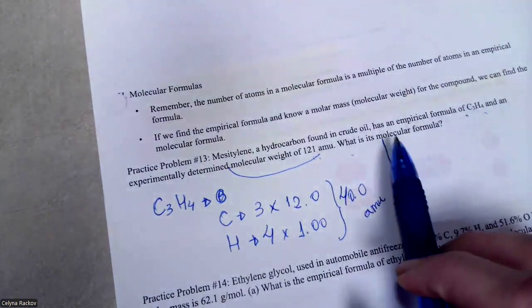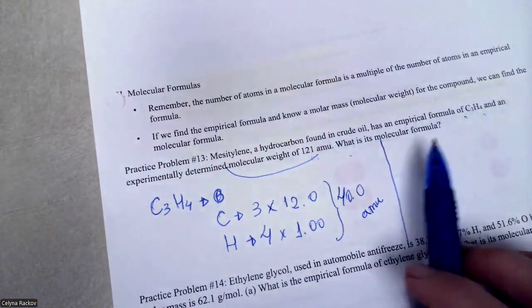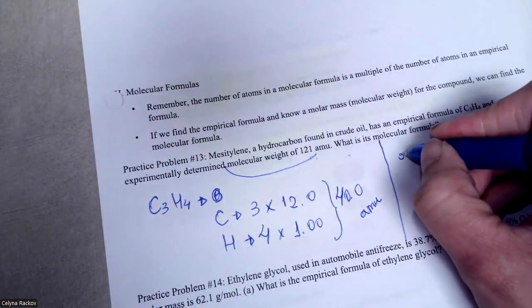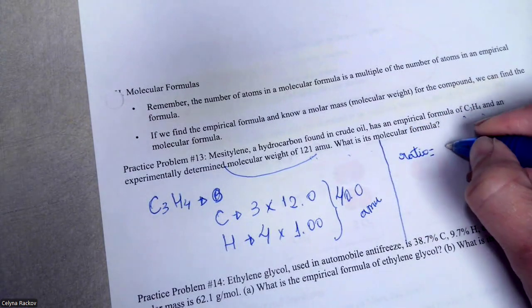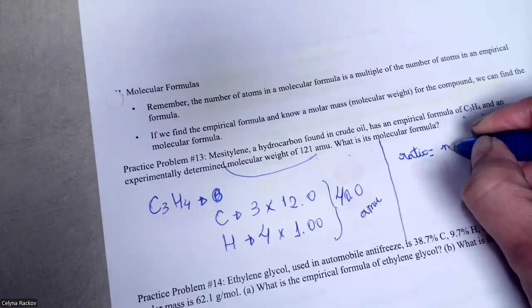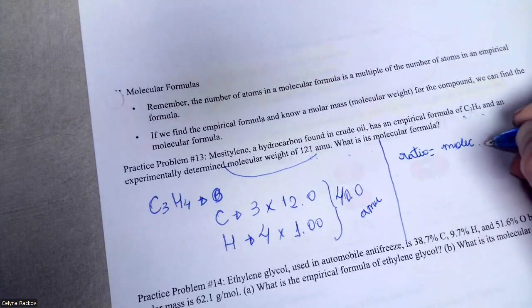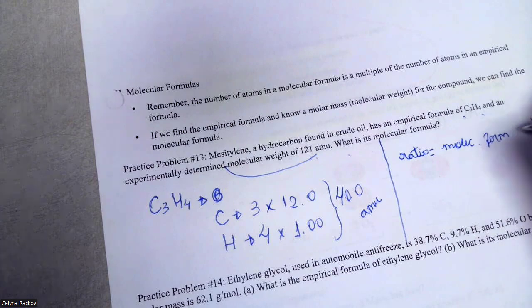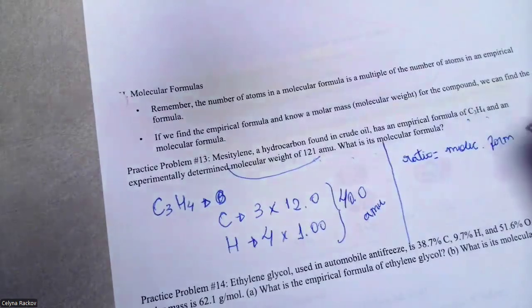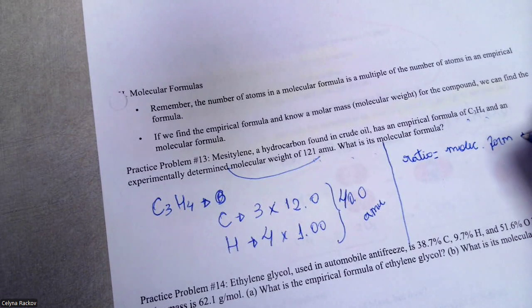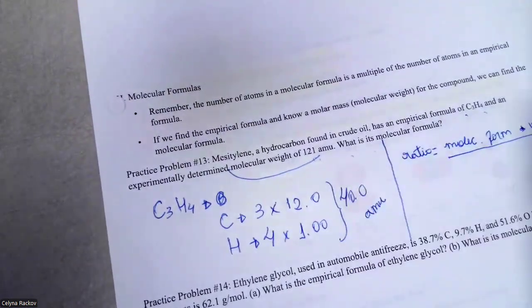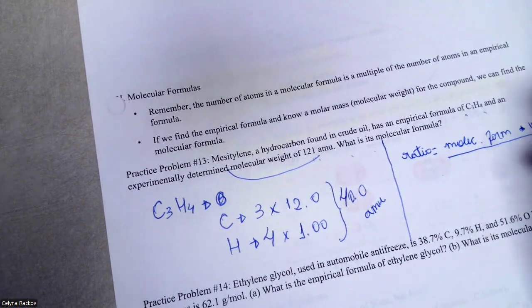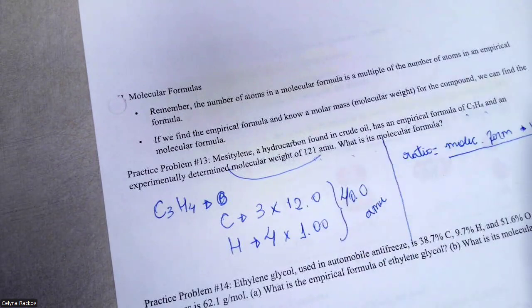The question is, what's the molecular formula, right? So to find this, we need to find the ratio. How do we calculate the ratio? We take the molecular formula weight divided by the empirical formula weight.